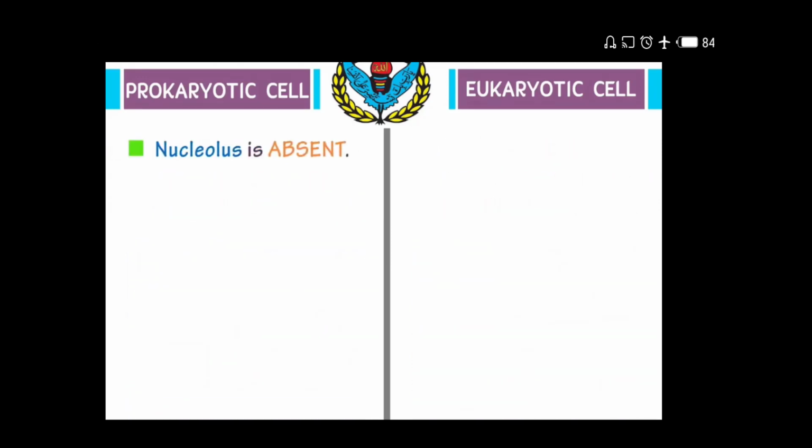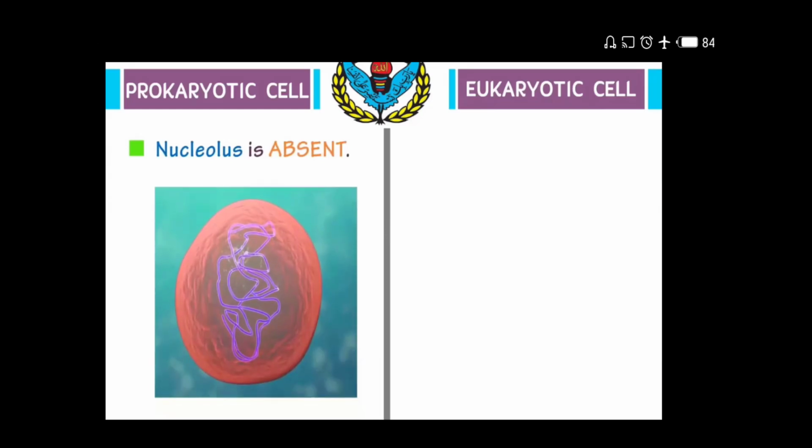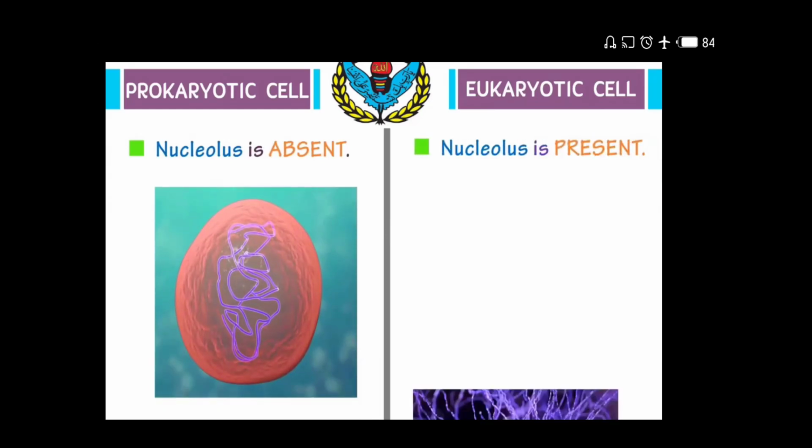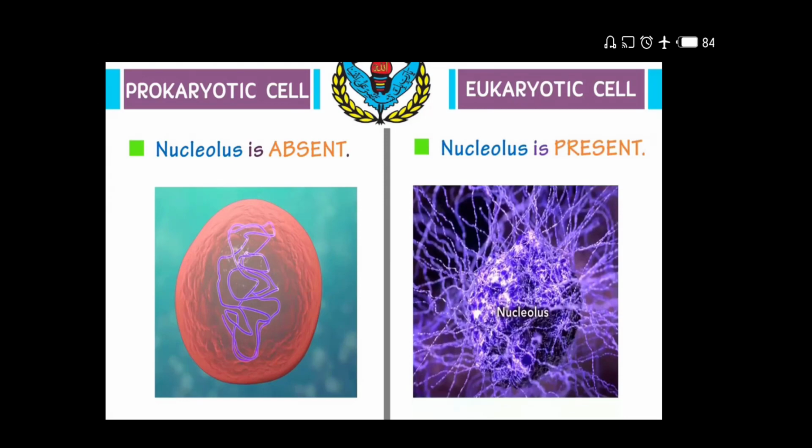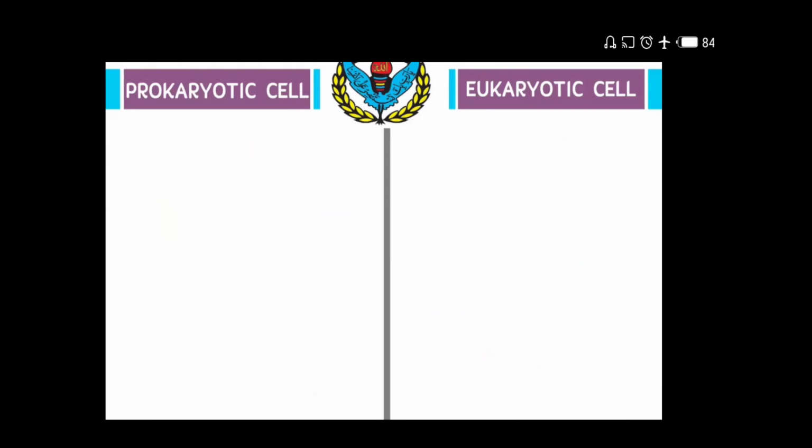In a prokaryotic cell, the nucleolus is absent, while in a eukaryotic cell, the nucleolus is present. Nucleolus is a dark spot present in the nucleus.